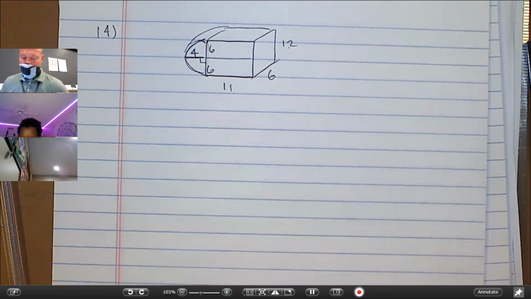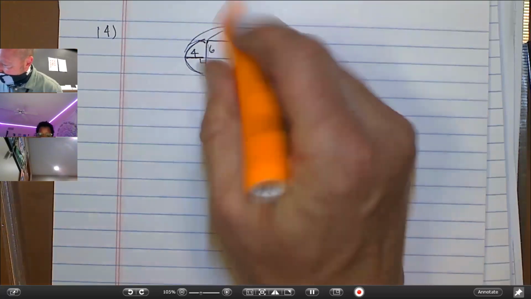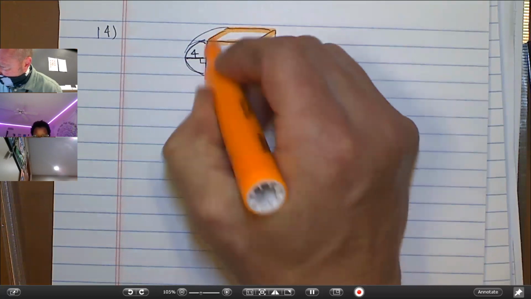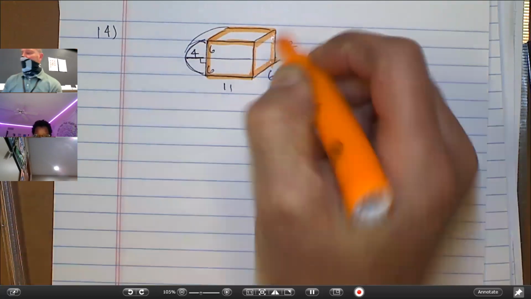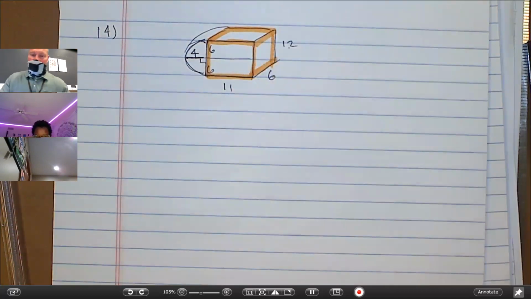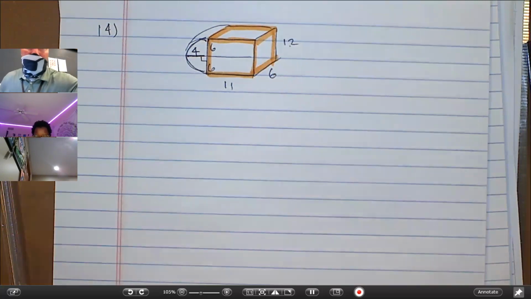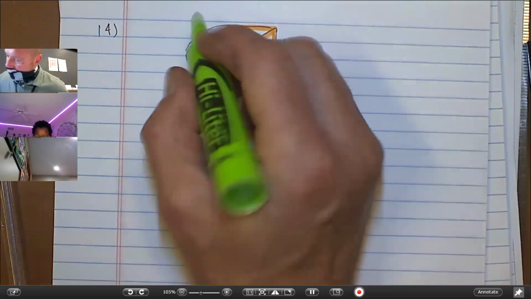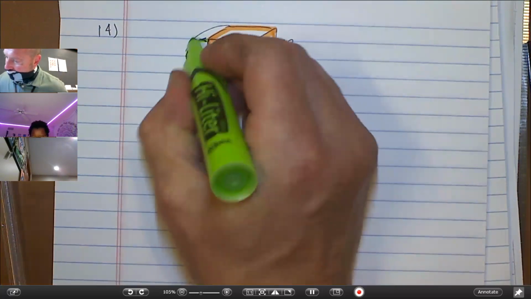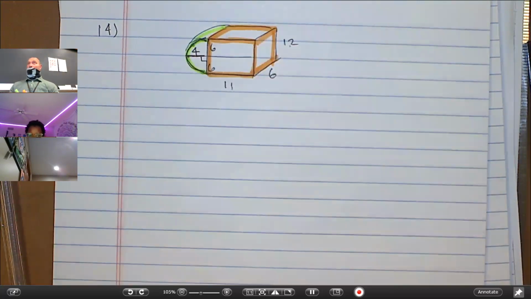So finding the volume of this guy is easy. It's finding the volume of, whatever this thing is called here, part of a cylinder. That's the hard part. Agreed? So let's figure that out.